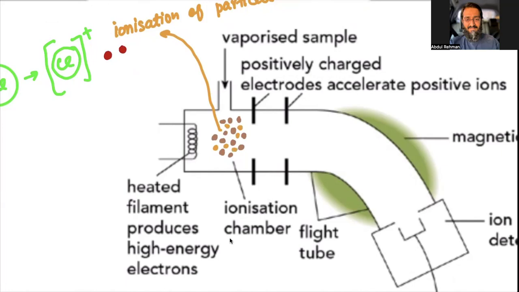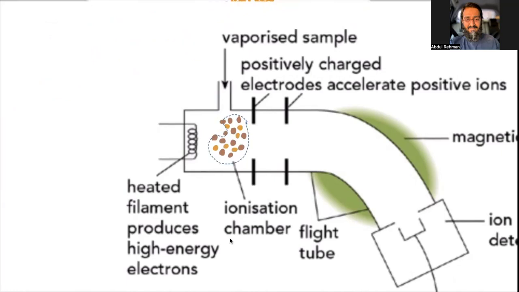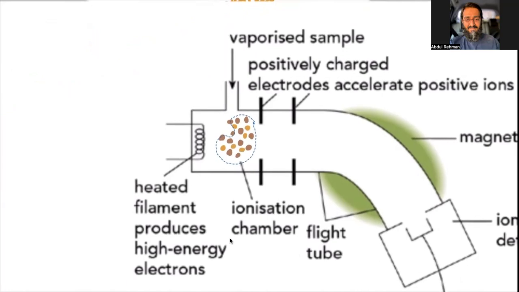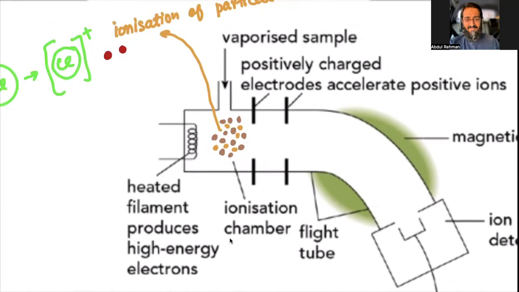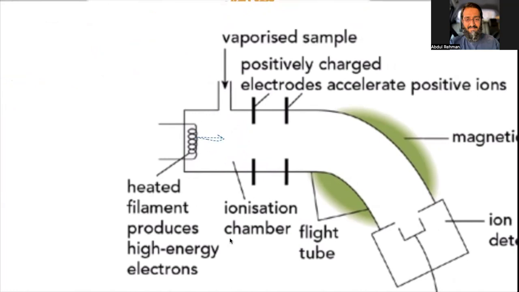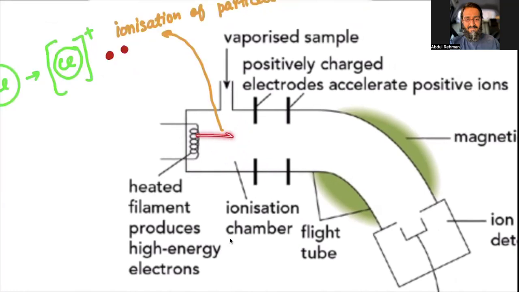So what happens next? When the electrons get removed from them, all of these become positively charged, right? And what happens next? When the electrons are continuously striking from here, they are actually pushing those ions towards this region. Is this clear?